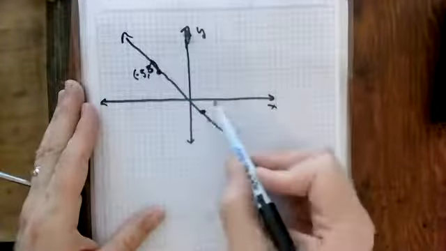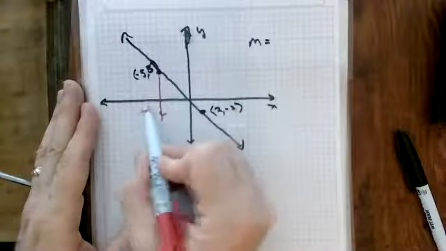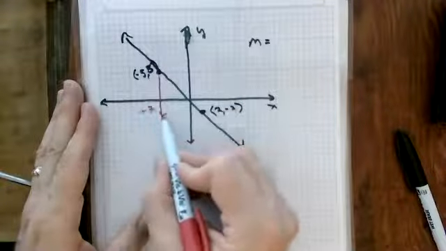Yeah, much nicer than I meant to be, because this would be a fall of 7 for a run of 7. So my slope here would be down 7 for a run of 7. So -7 over 7 is just equal to -1. That's my slope.